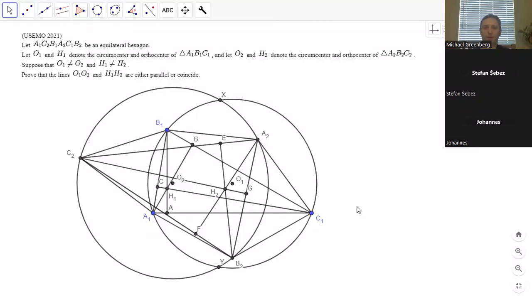There's something like some kind of double orthocenter lemma. Let's see.